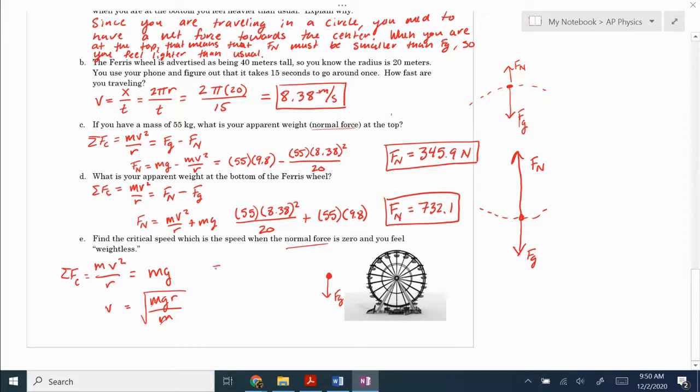And so you're just going to end up with v equal to the square root of g times r, which is 9.8 times the radius, which is 20. The square root of 9.8 times 20 is 14 meters per second. And there you go. That's how to find the critical velocity. Thanks for watching, and I hope this went well.